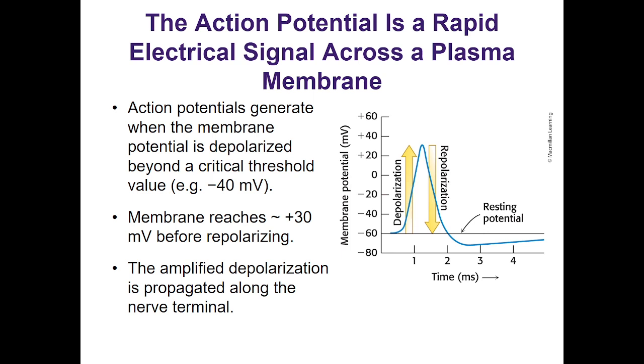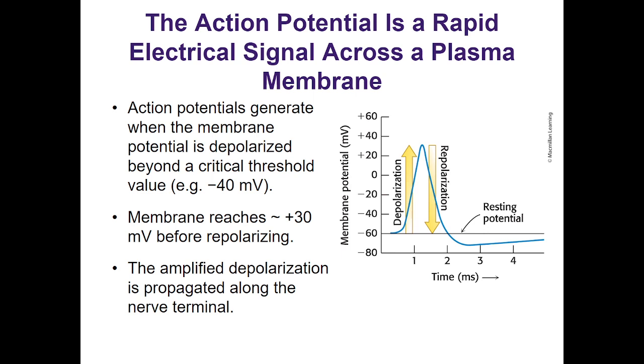The action potential is generated when the membrane potential is depolarized beyond a critical threshold value, e.g. about negative 40 millivolts. Notice it's not the whole potential that was there, which was negative 60, okay? You can never get the whole thing. It would actually be really rough to reestablish that.